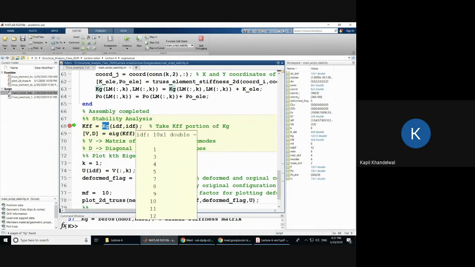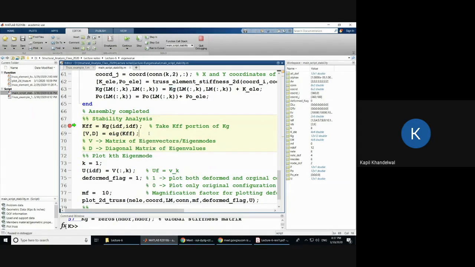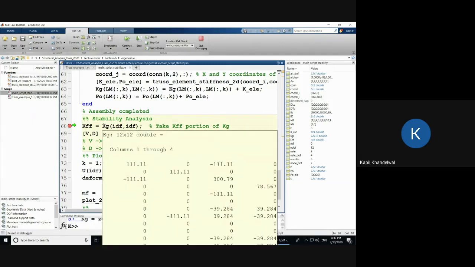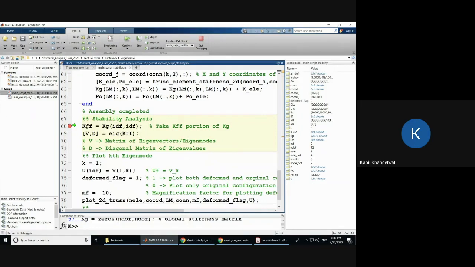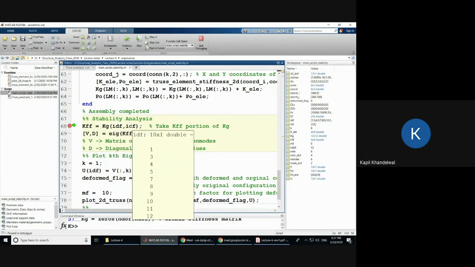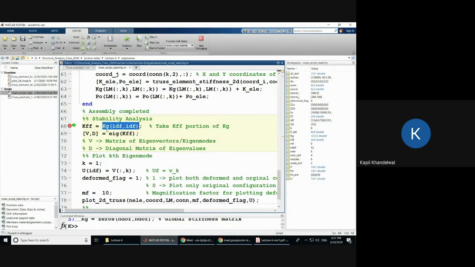KG is the global stiffness matrix, okay? The size of KG is actually 12 by 12 because there are 12 degrees of freedom. But we are just taking the KFF portion. So KFF, I'm just extracting using slicing. I have the free degrees of freedom, IDF, IDF. So KG[IDF, IDF] gives us KFF. So this is the KFF portion of the matrix.